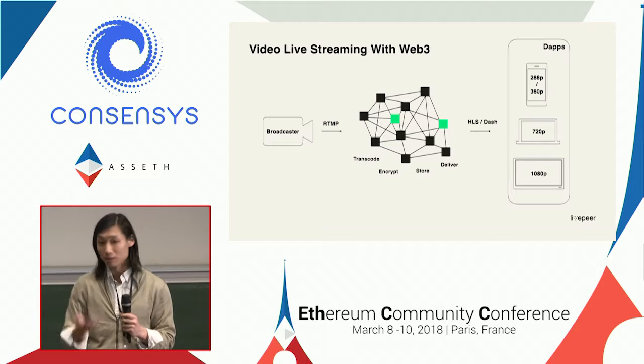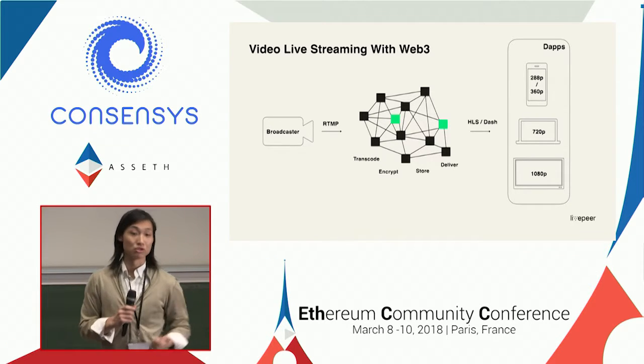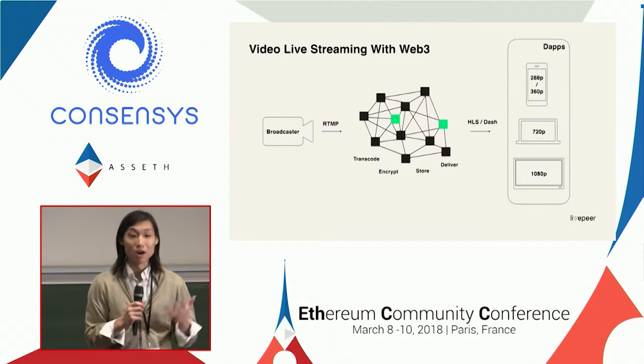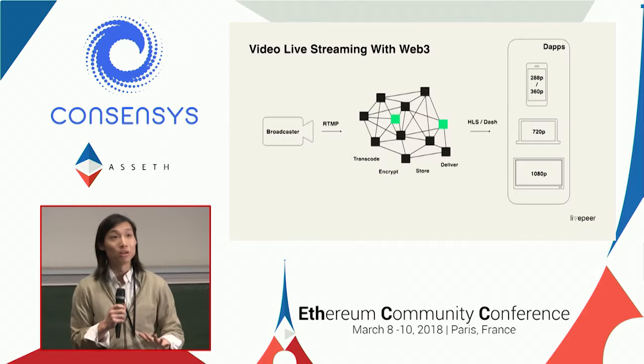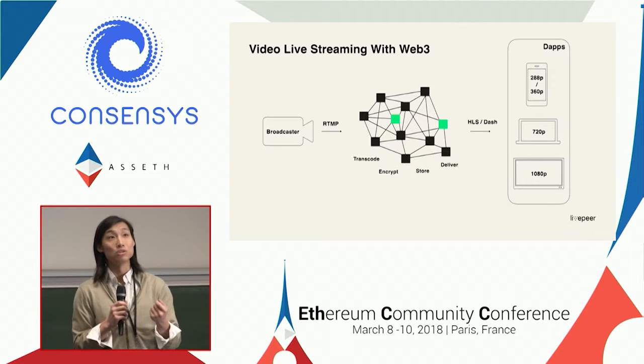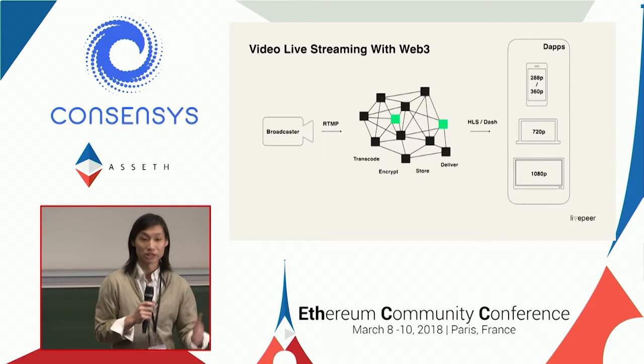What we want is for these nodes to be able to do the video transcoding, the encryption, the storage, and the delivery all by themselves, and on the protocol level, incentivize these nodes to join the network and do that, and also weed out the bad actors who are trying to take advantage or cheat.